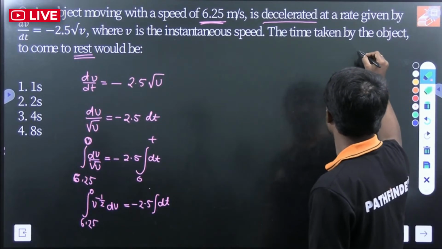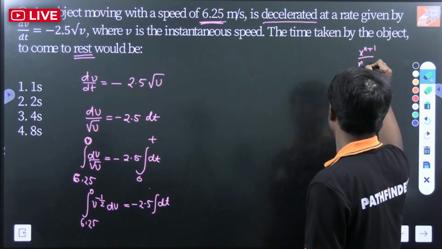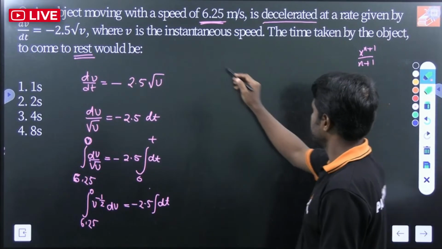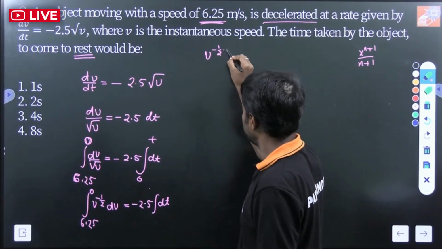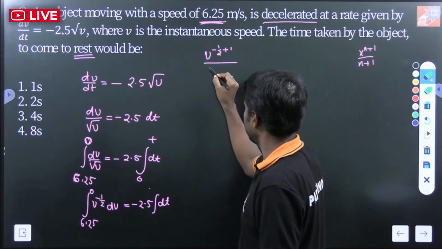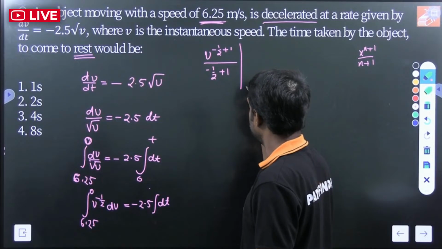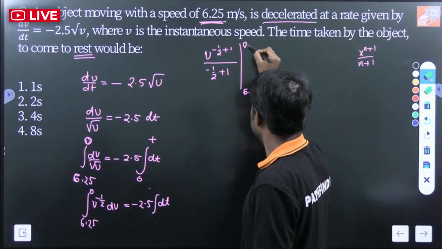The power formula is x power n integrates to x power n plus 1 by n plus 1. Here n is minus 1 by 2, so we have minus 1 by 2 plus 1 divided by minus 1 by 2 plus 1, with limits 6.25 and 0.